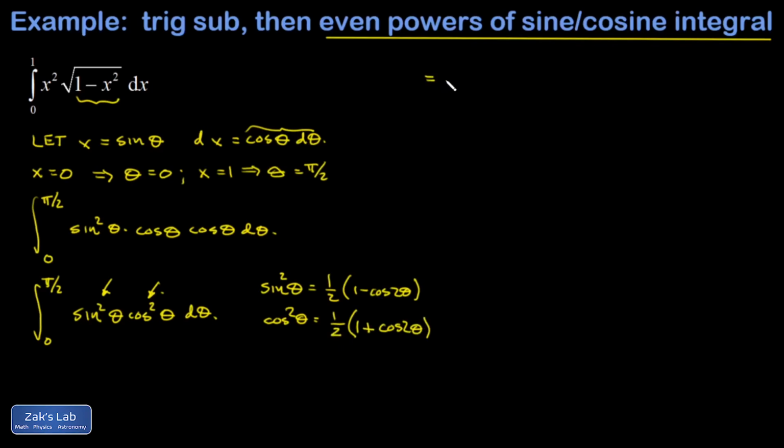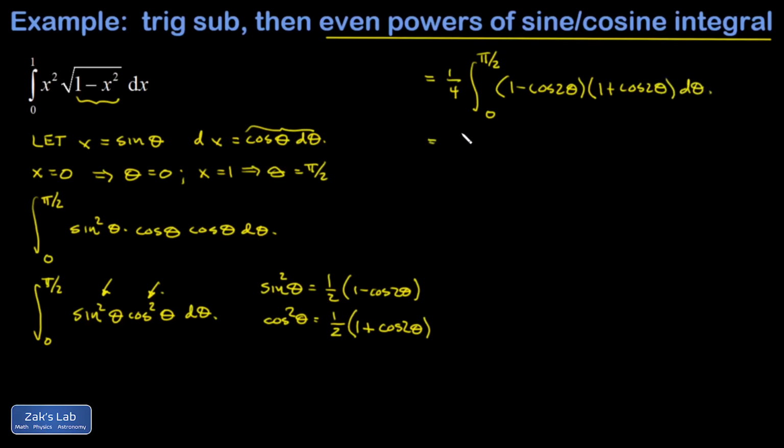When I make these substitutions, I'm going to go ahead and pull a factor of 1/4 out in front of the integral. That's just both 1/2 factors multiplying each other. Integral from 0 to pi over 2 of 1 minus cosine 2 theta multiplied by 1 plus cosine 2 theta d theta.